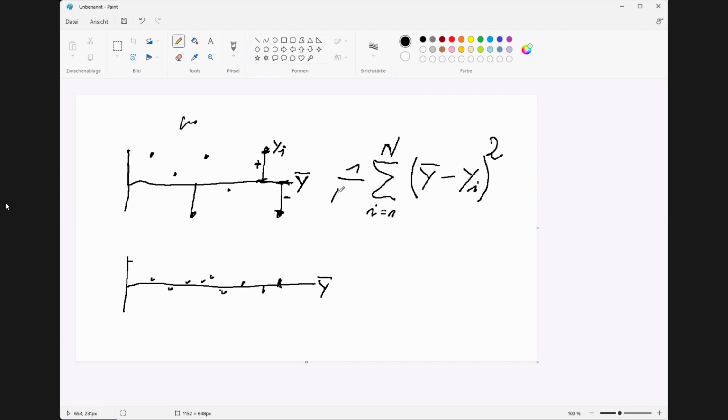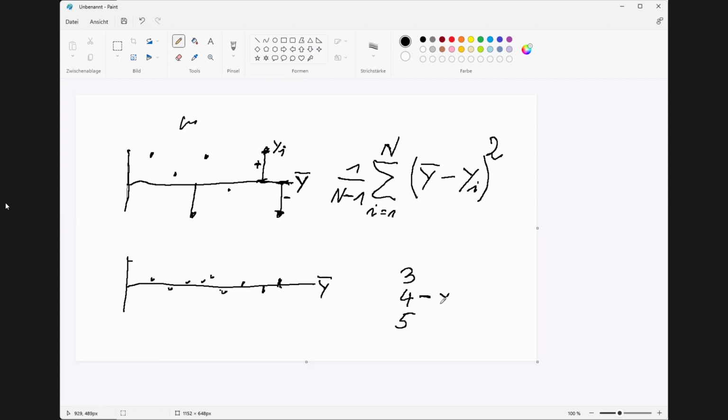But we do not have to divide by n, we have to divide by n minus 1. Why do we have to divide by n minus 1? Let me make an example. We have 3 following numbers. You can take every number. You can also take 14, 15, 16, or whatever else.